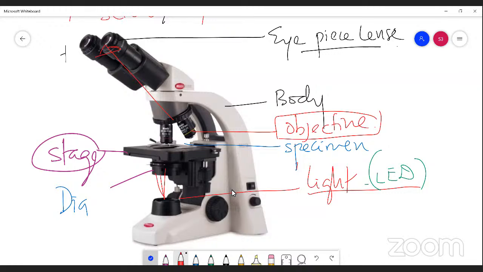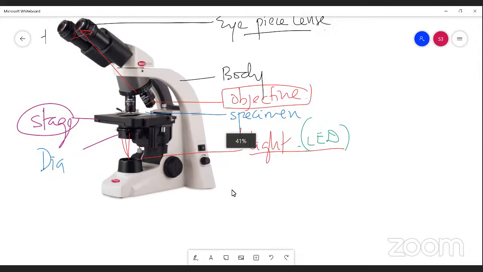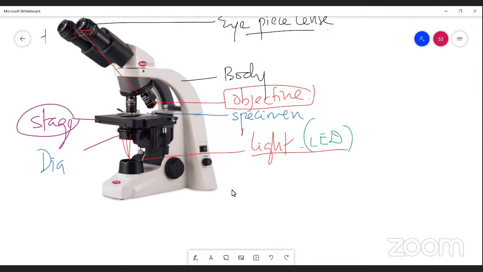There are two types of magnification. Magnification is nothing but an optical increase in the size of an image.